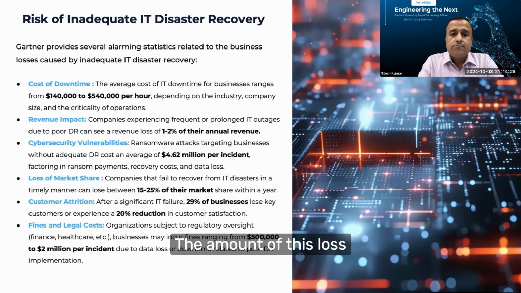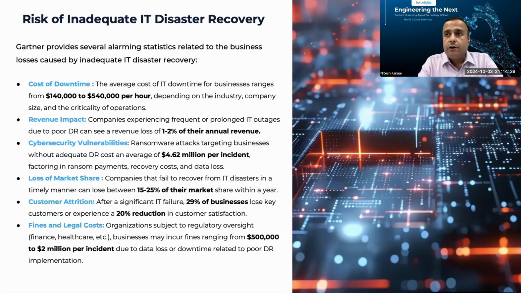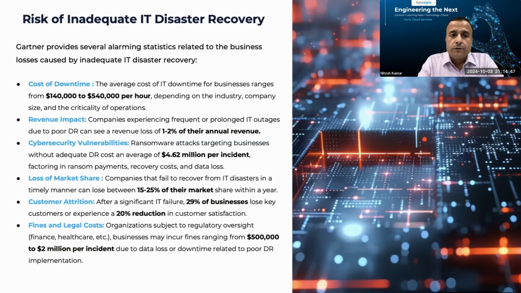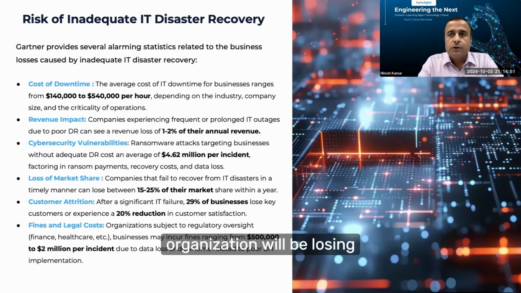The amount of this loss depends on many factors, like the kind of industry you are doing your business in, the size of your company, and the criticality of your business operations. These factors determine the amount that you will be losing per hour. But it is sure that somewhere in between, your business organization will be losing in some way or the other.